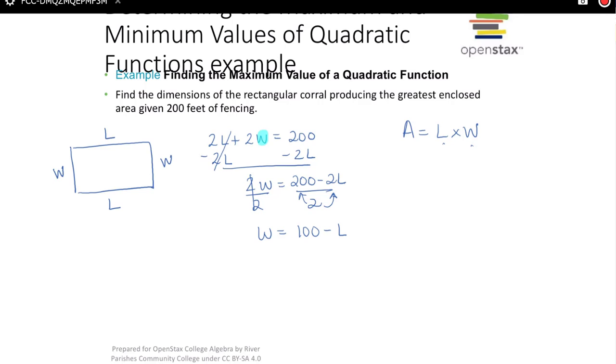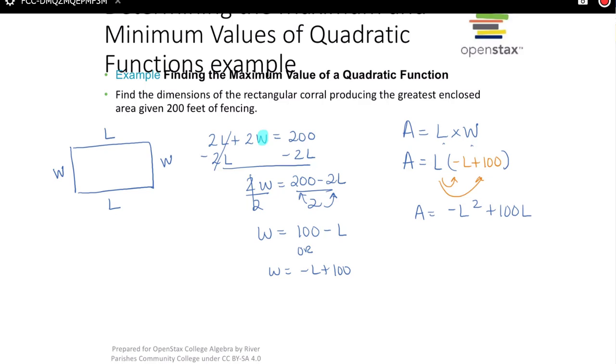So 100 minus L, or negative L plus 100. So then I'm going to go over here, and area is length times width, and width is really negative L plus 100. And I want to simplify this, so I'm going to distribute this L to both terms, and I end up with area is equal to negative L squared plus 100L.